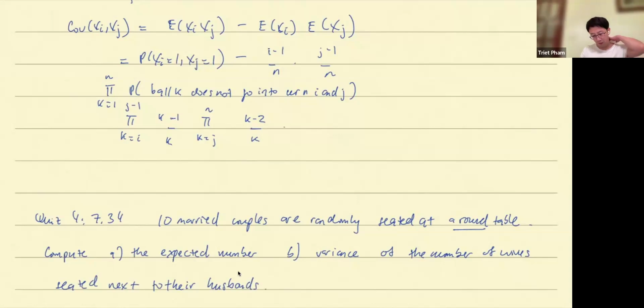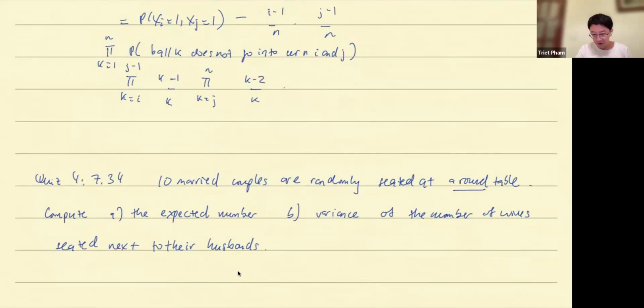Okay. And it's just a comment here. It's a bit peculiar the way they word the statement, because what's the difference between that and couples sitting next to each other, right? Because if the wife sits next to the husband, that means the couples are sitting next to each other, and vice versa.